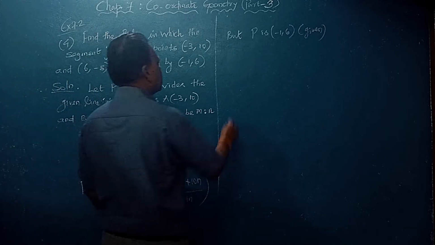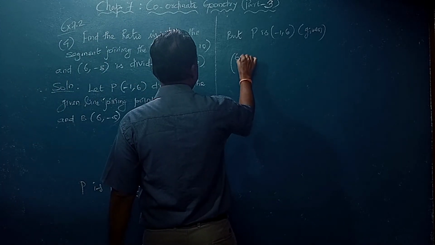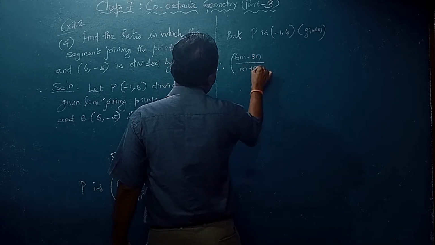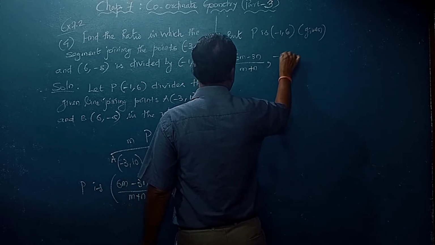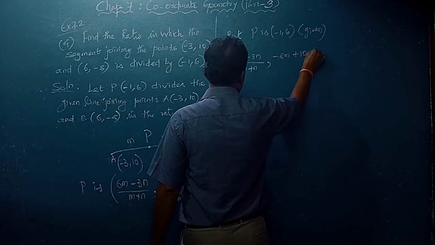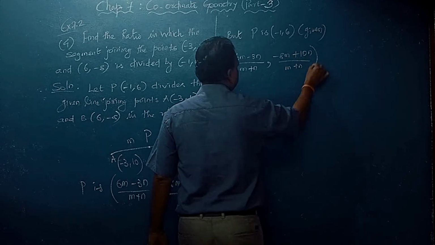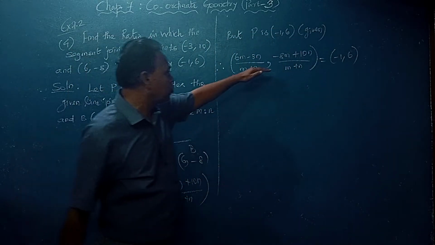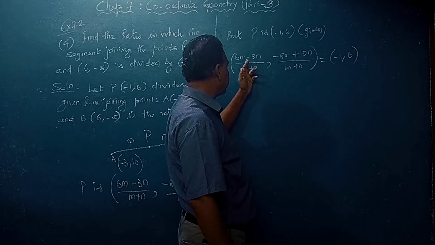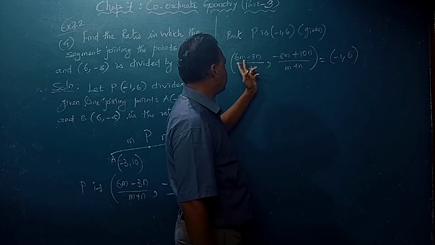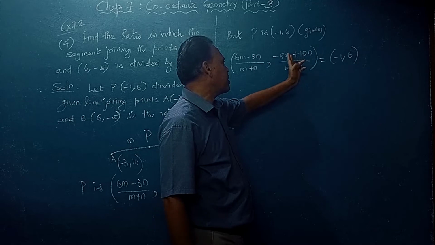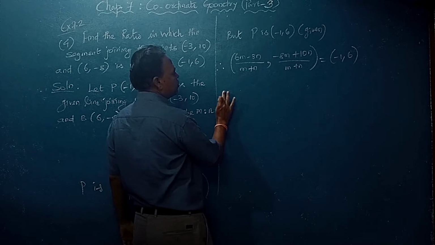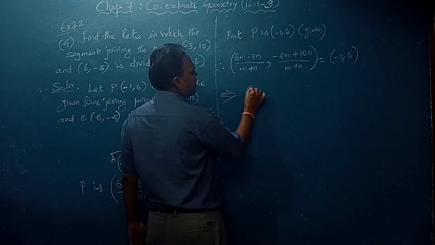That means 6m minus 3n by m plus n, comma, minus 8m plus 10n by m plus n equals minus 1, comma, 6. When two points are equal, all the corresponding coordinates are the same: x coordinate equal to x coordinate, y coordinate equal to y coordinate.